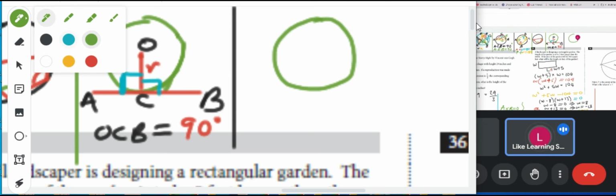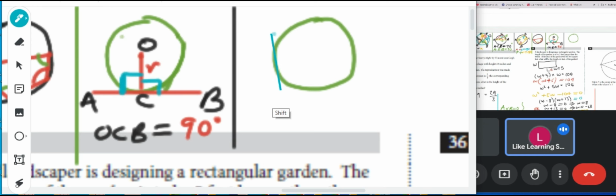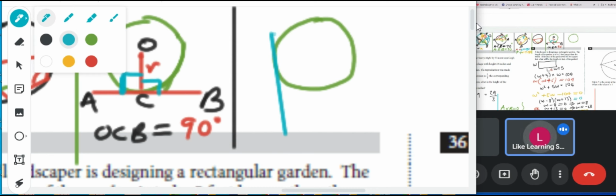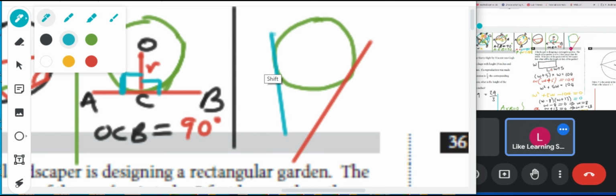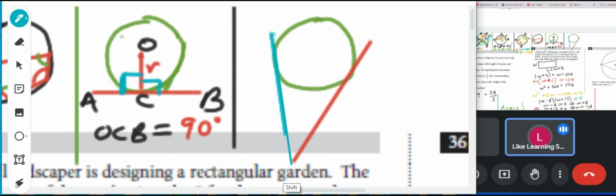If you have two tangents, I have a tangent, this one in blue. I have another tangent, the one in red. And these tangents meet at a point. Two tangents are drawn and they meet.